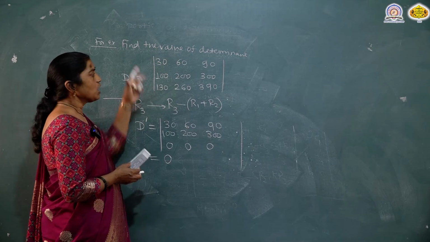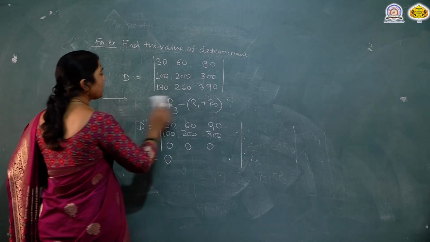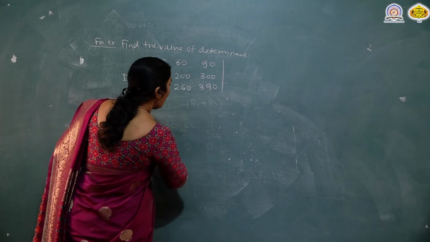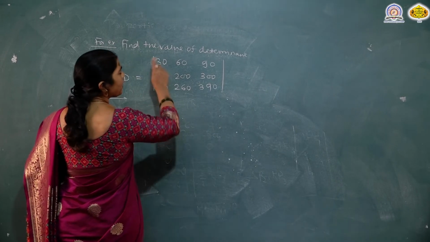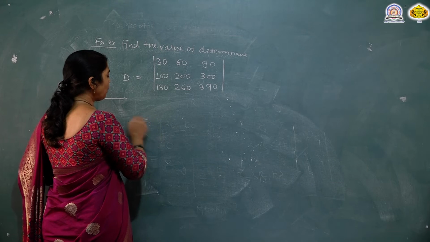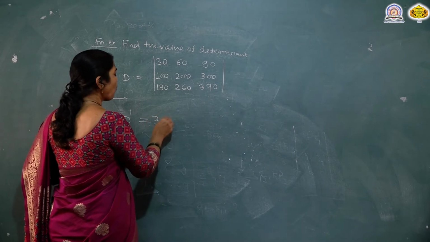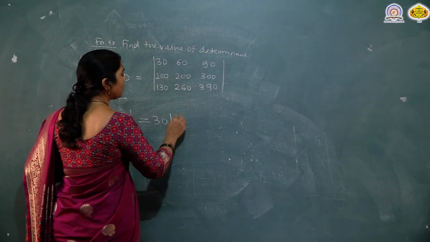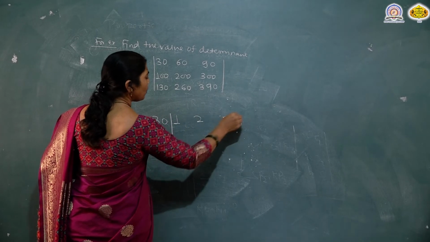For example, suppose that any student gets the idea that from the first row, we are able to take 30 common. So, he will write down the determinant as 30 common from the first row. It will give 1, 2, 3.